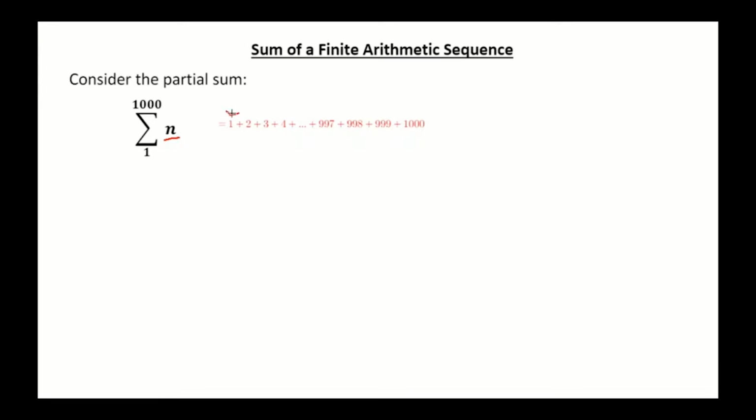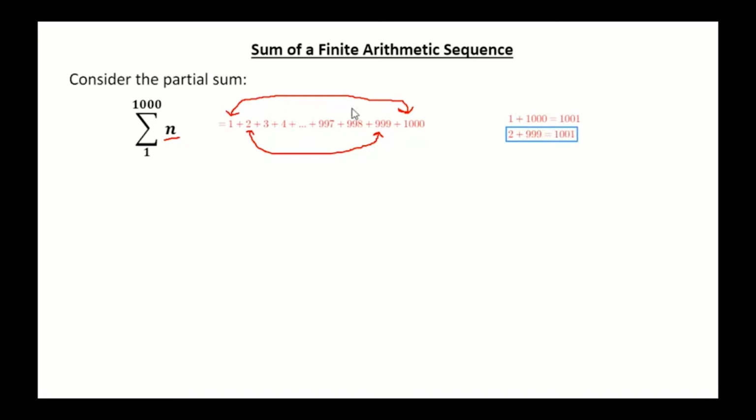Take a look here. Let's say we were to rearrange these. What's 1 plus 1,000? 1 plus 1,000 is 1,001. If I were to add those two first, I got 1,001. What's 2 plus 999? It's also 1,001.